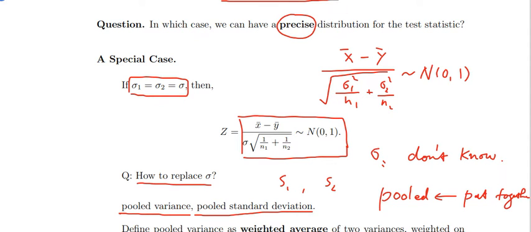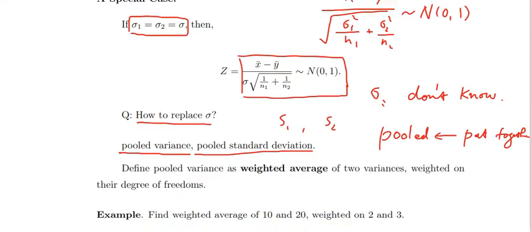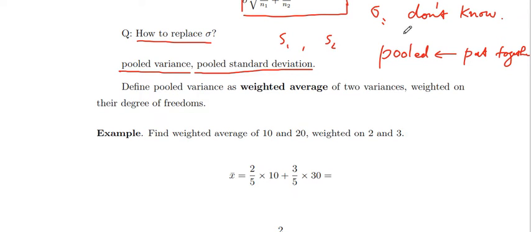We define the pooled variance as a weighted average of the two variances. We have S1 squared and S2 squared, the two variances, and we denote the pooled variance as Sp squared, a weighted average of these two numbers.